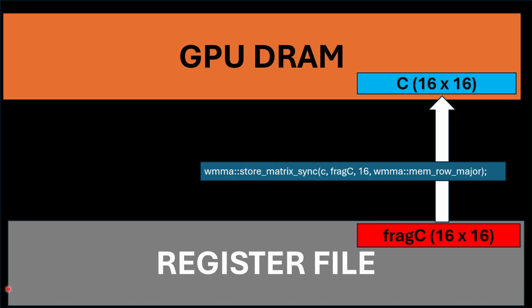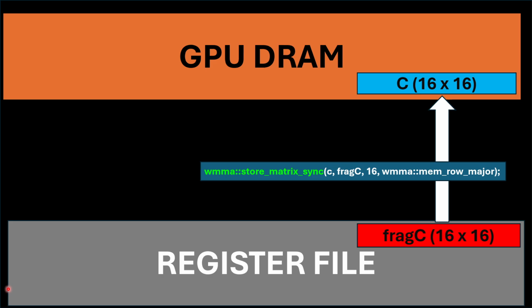Okay, store matrix sync. Yeah, this is a storing operation. Previous operations were load, and here we have a storing operation. We are storing from the fragment C, which is given here, to the GPU memory, DRAM memory.